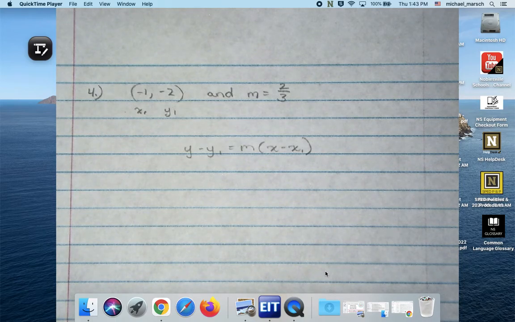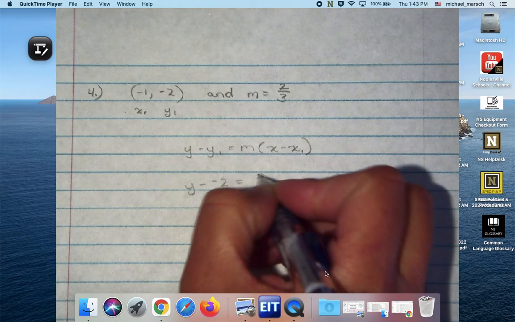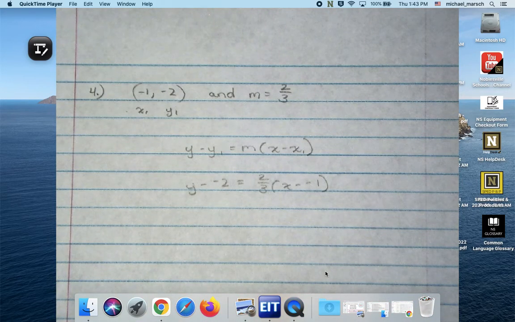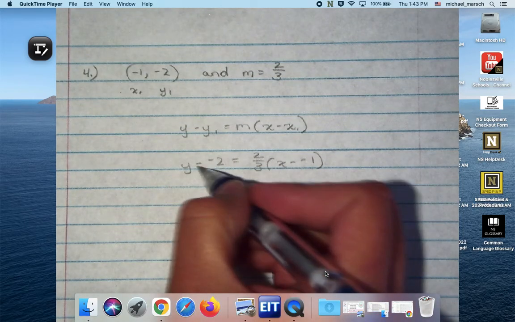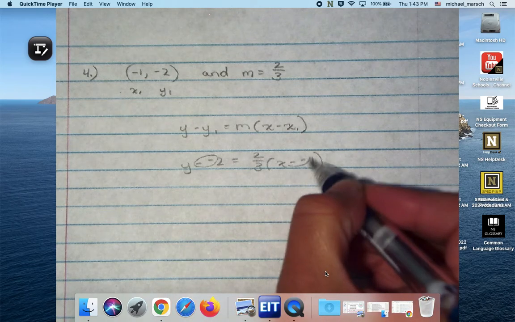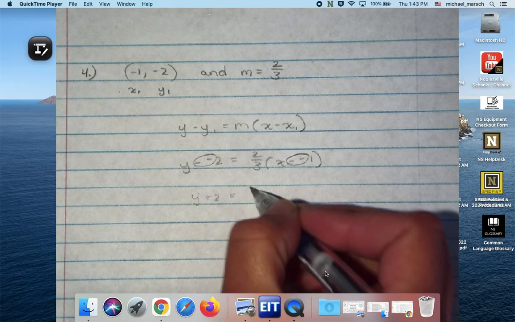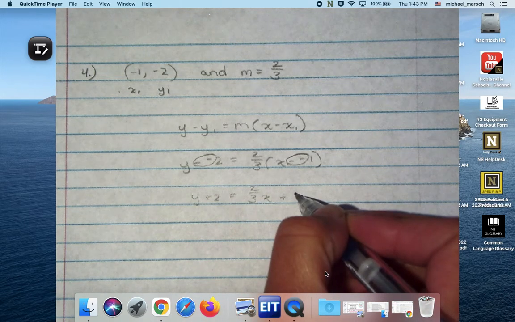Okay. So we're going to have y minus negative 2 equals 2/3 times the quantity x minus negative 1. So then we get y plus 2 equals 2/3 x plus 1.